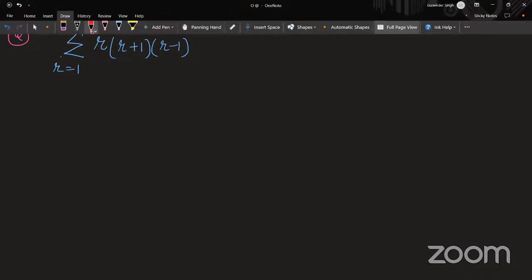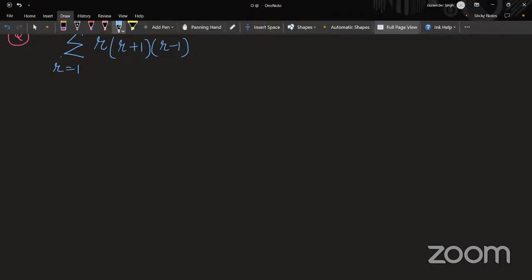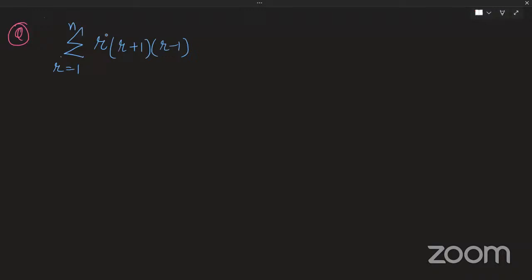Will you be able to do it? Will you be able to do it, anyone? r into r square minus 1 square. Yes, correct. So basically I can write my rth term as r into r square minus 1.